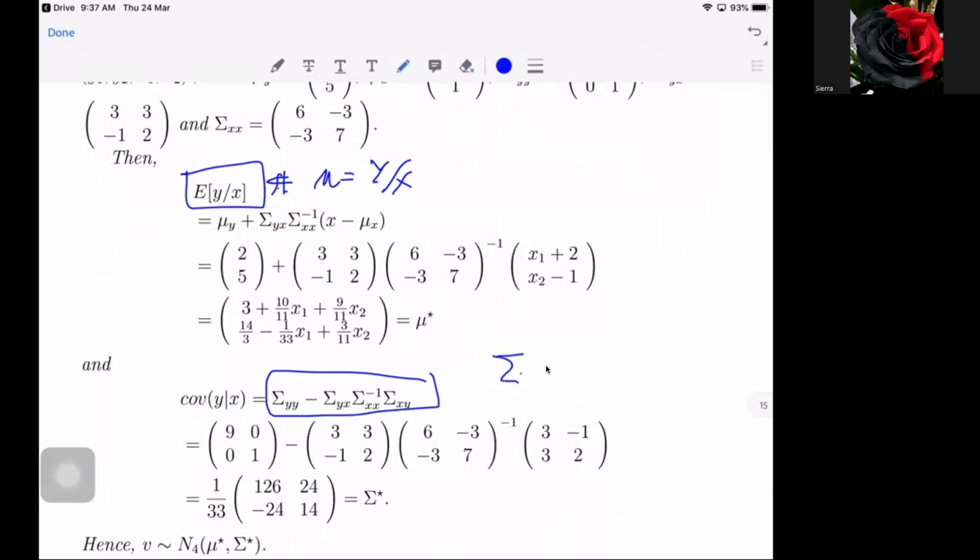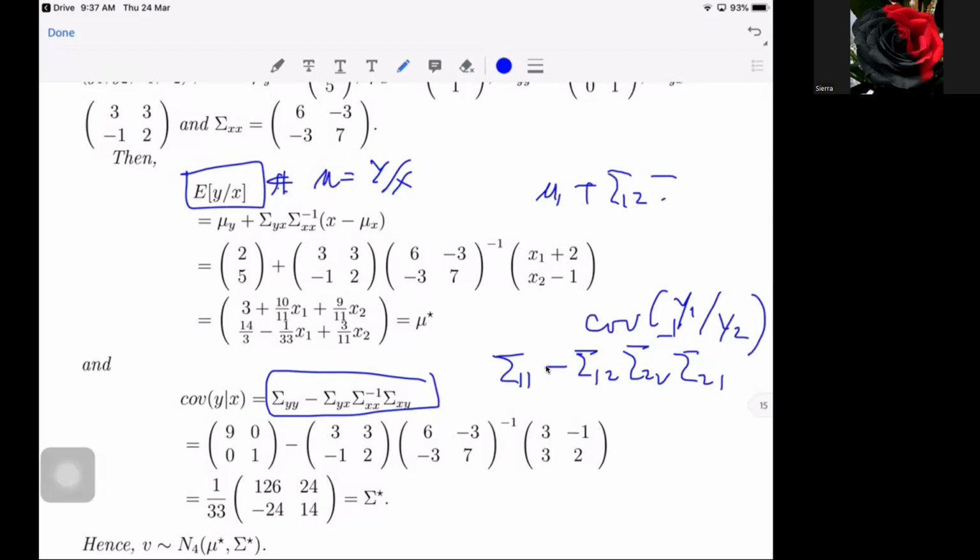So the given formula was sigma 11 minus sigma 12 sigma 22 inverse sigma 21 for your covariance matrix of y1 given y2. And the mean was equal to mu1 plus sigma 12 sigma 22 inverse, and then y2 minus mu2.